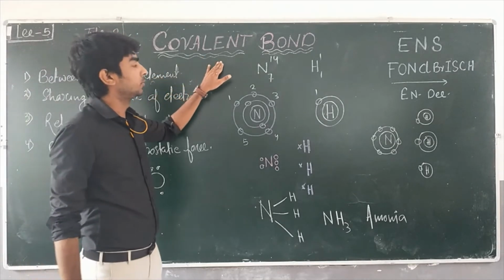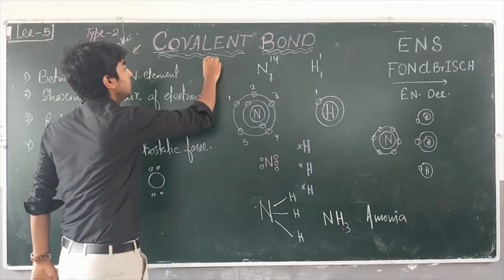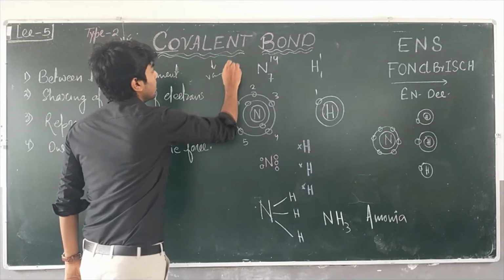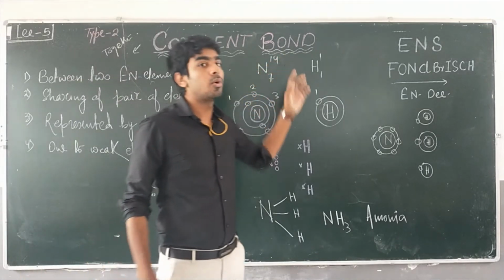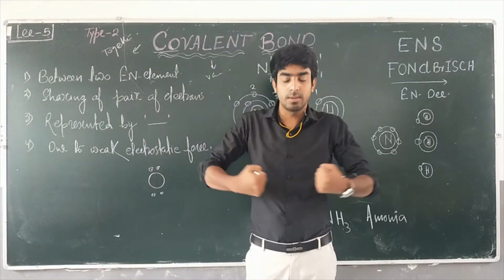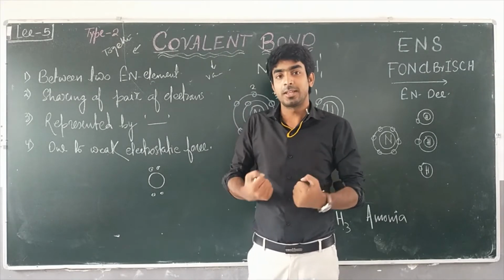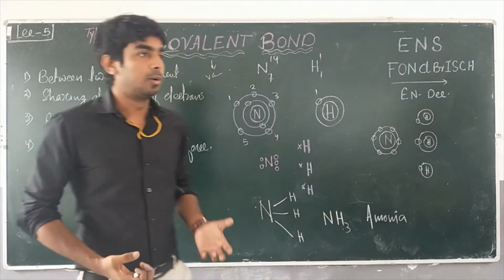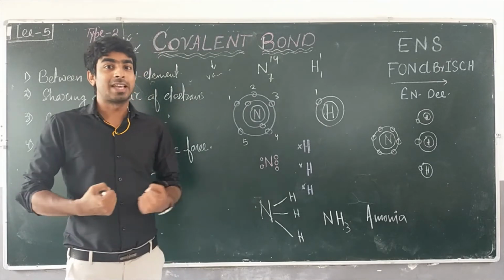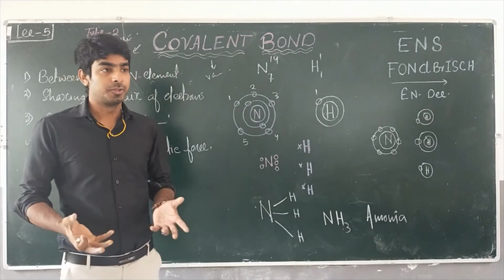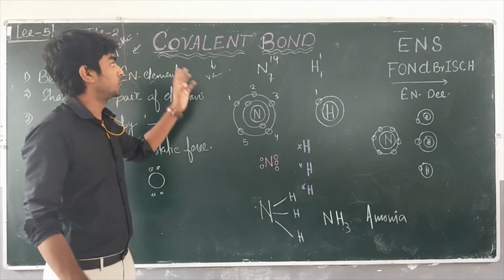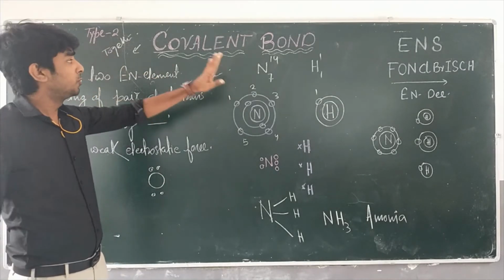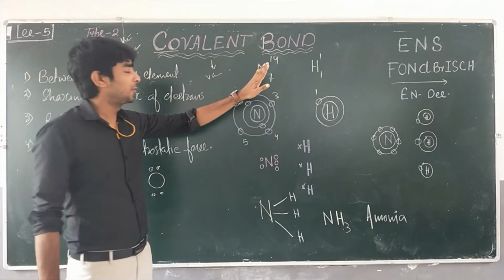And valent is related with the valency. And the bond we know, where two elements are getting attached to each other. That is what we say bond. Or in a general sense, where people get attached together with a certain relationship in our society. Okay, so let's move on. We're going to understand the chemistry, not the society.